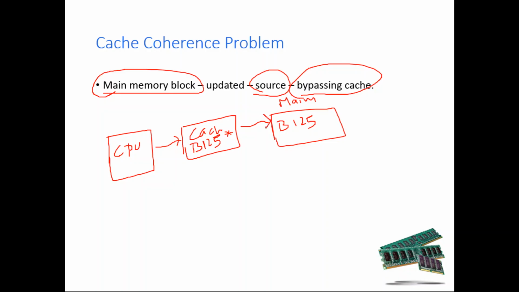Now, this statement says the main memory block can be updated by some source bypassing the cache memory.